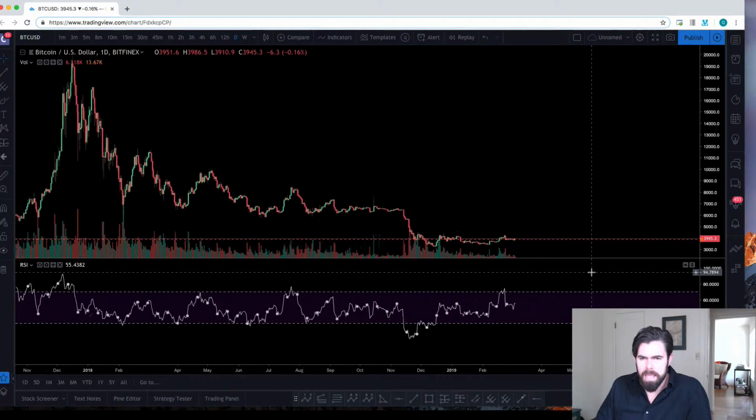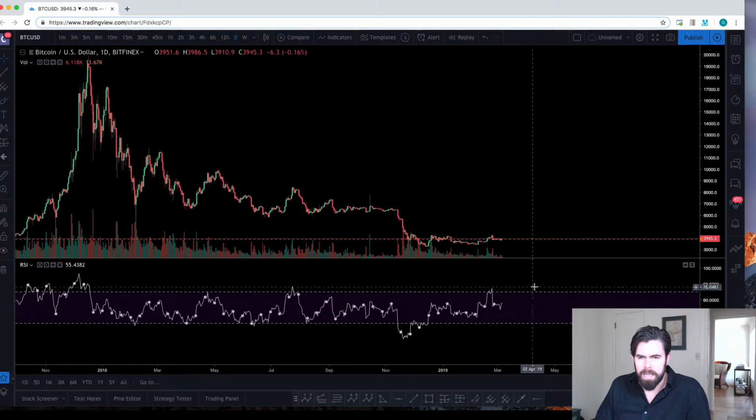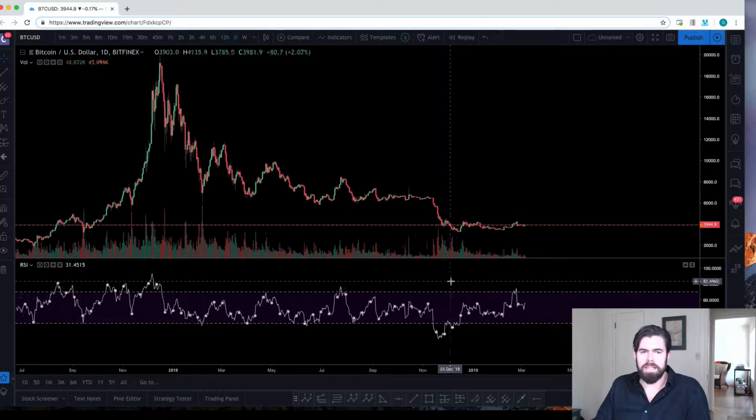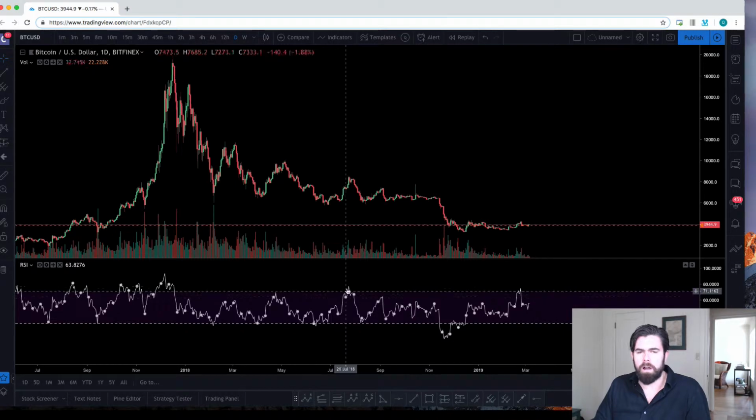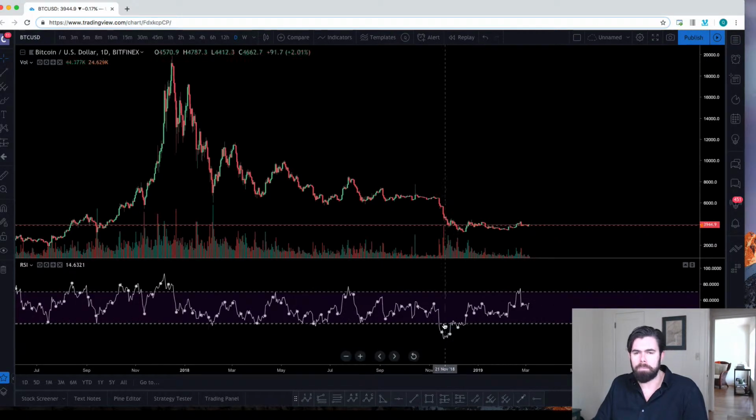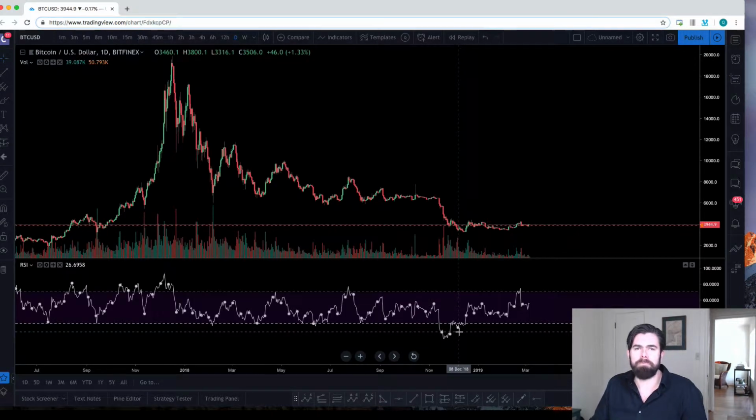Then there's a 70 line and a 30 line. Anytime the RSI line gets above the 70, it's considered overbought. And anytime the RSI gets below the 30, it's considered oversold. That's the basic idea behind it.